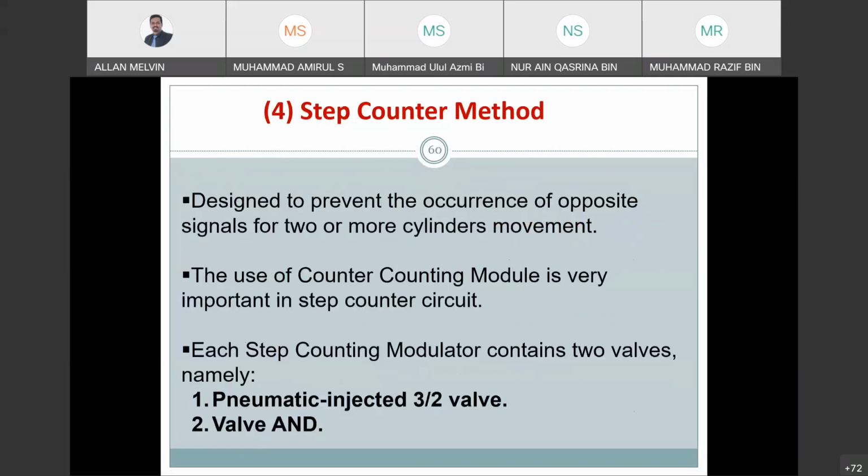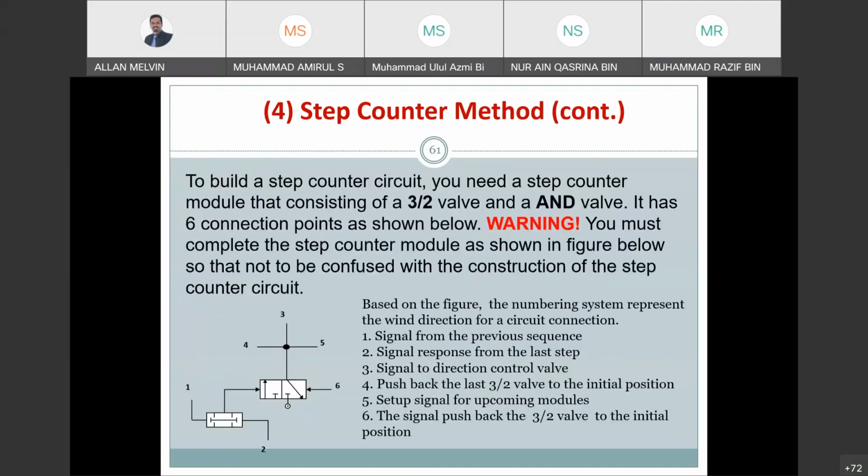Okay, so the step counter, you can see this. Yes, sir. Okay, so why is the 5/2 valve not needed? For the step counter method, there is a step counter module. You can see here, this is one module.